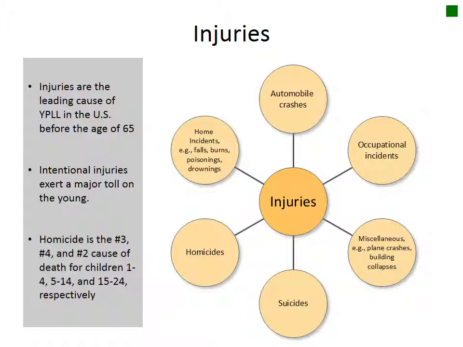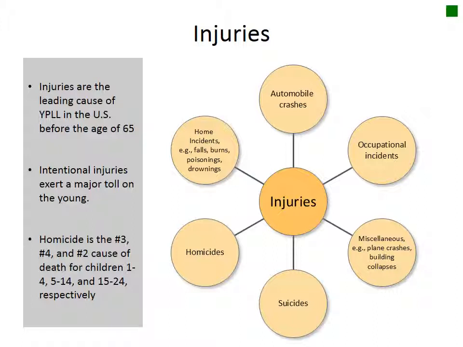If you look at them broken down into various activities, there are homicides, possibly caused by guns, and homicide is the number 3, 4, and 2 cause of death for these age categories in children.